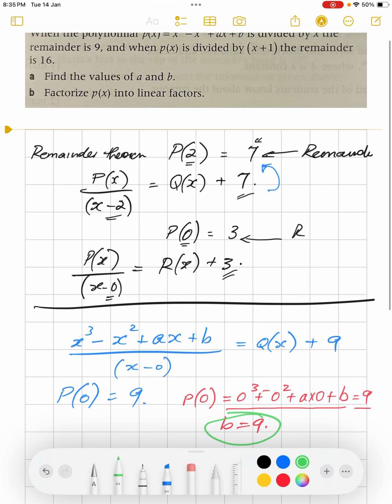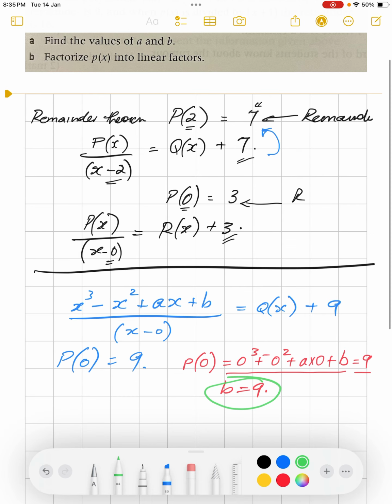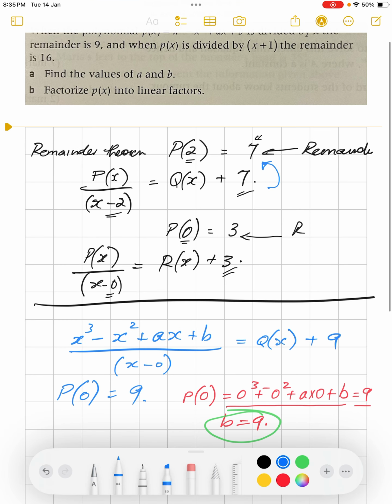Now to find the value of a, let's do a second test, and we're told that if we divide it by x plus 1, we get a remainder of 16.